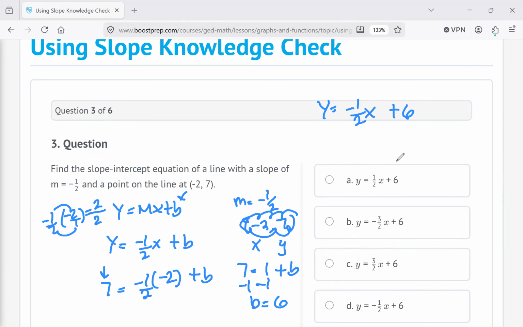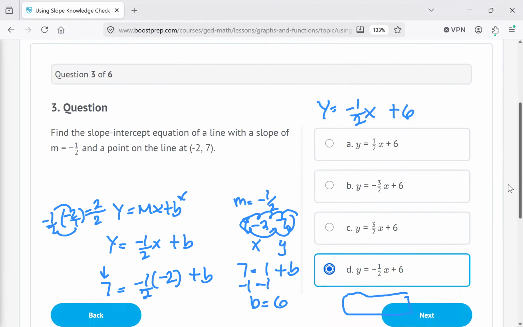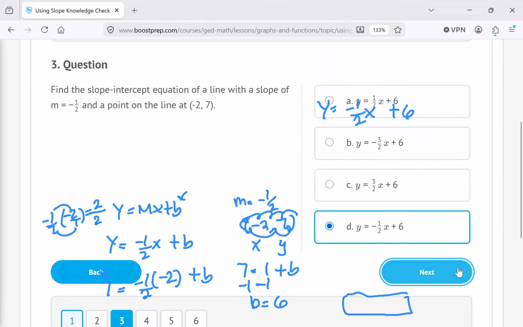So that's it. One equation. So it is going to be D, y equals -1/2 x plus 6. Okay, that was pretty straightforward. So let's move on.